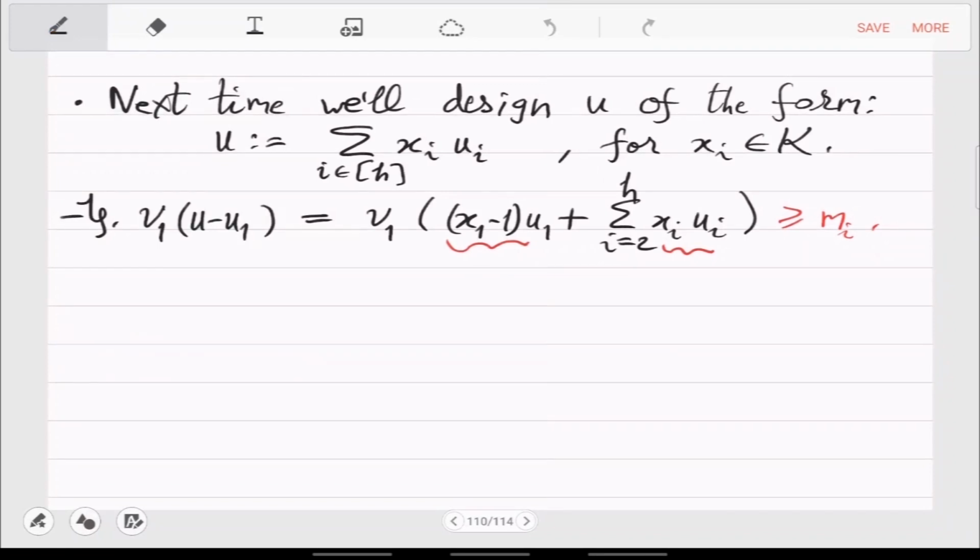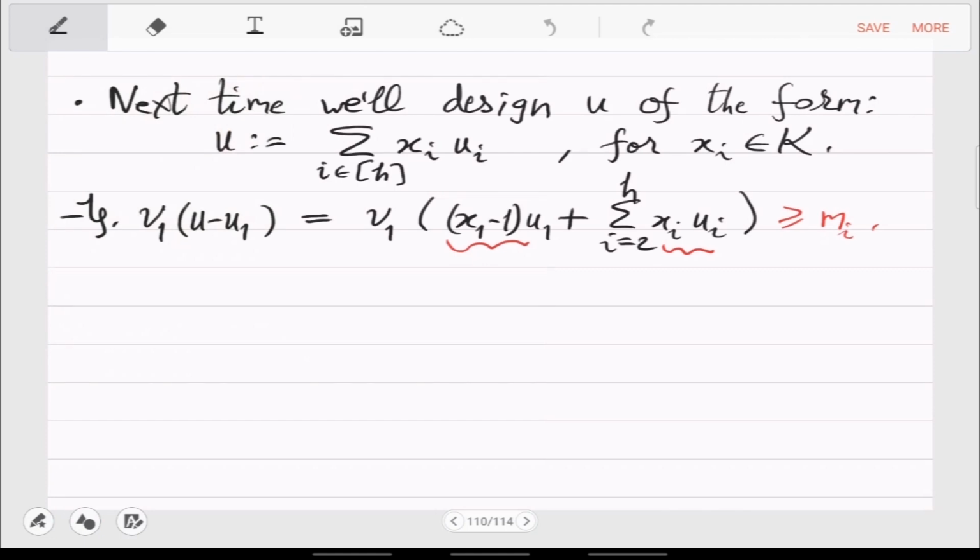So our plan now is that we will construct this U, which is a combination of the offsets Ui's. We will find these Xi's, such that we will in fact design these Xi's in such a way that the U which is sigma Xi Ui will work. It will give you the theorem statement.